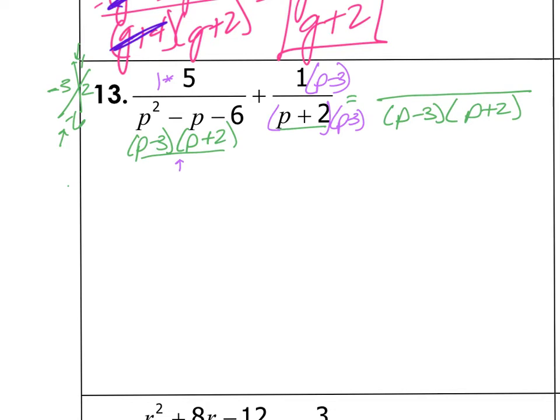Okay, and again, this is an addition problem. So I've got 5 plus 1 times p minus 3. Great.